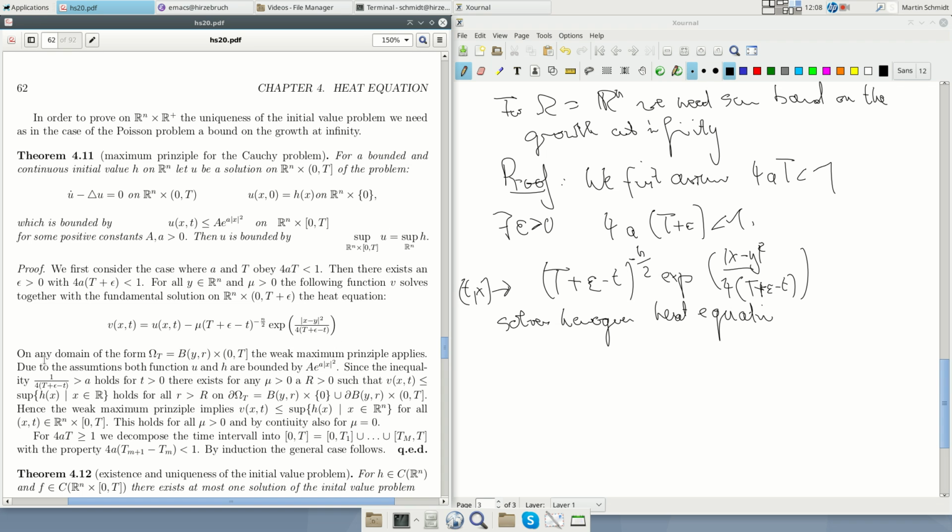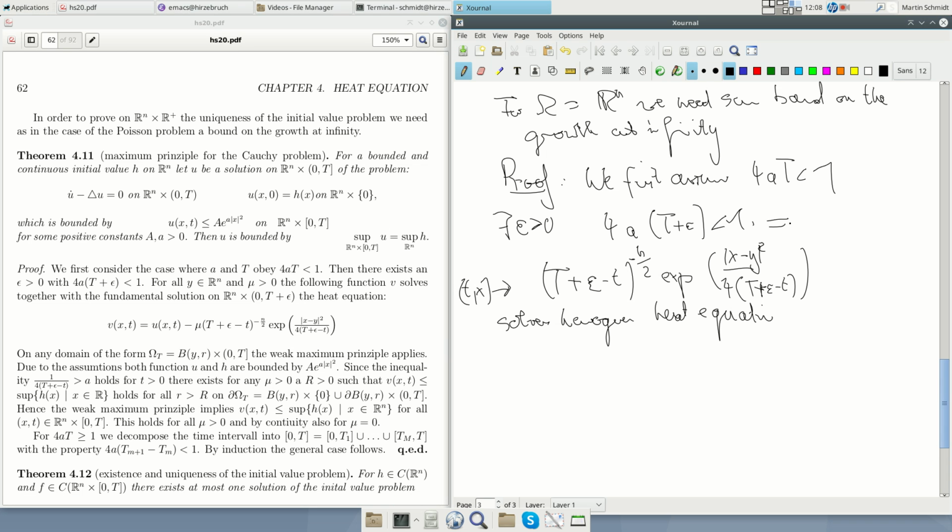Okay, so we know that this solves the heat equation, and then if we subtract from u mu times this solution, then the weak maximum principle applies. Now, since our functions u and h are bounded by this exponential, this inequality of course implies that 1 over 4(t plus epsilon) is larger than a. And so this means in particular that 1 over 4(t plus epsilon minus t) is larger than or equal to 1 over 4(t plus epsilon), and this is larger than a.